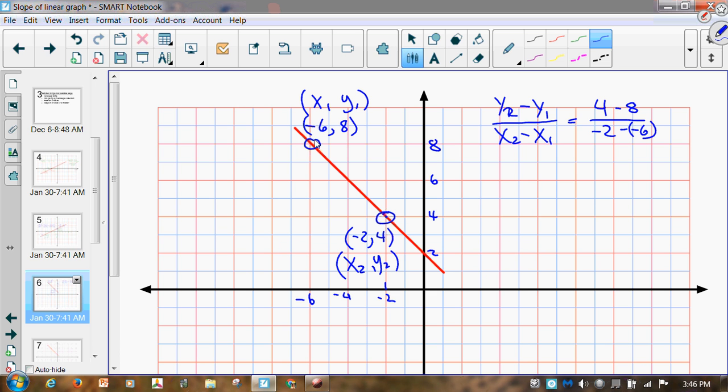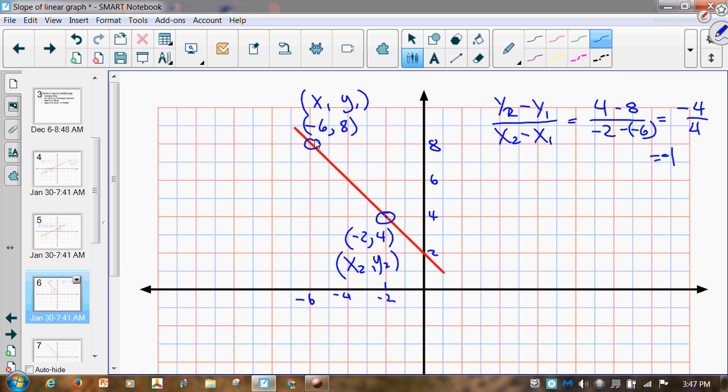And so what we have here is we're going to have -4, and we got -2 plus 6, so it's actually a +4, which is a slope of -1. And that's how you have it for that slope calculation.